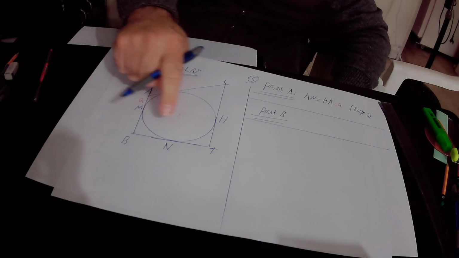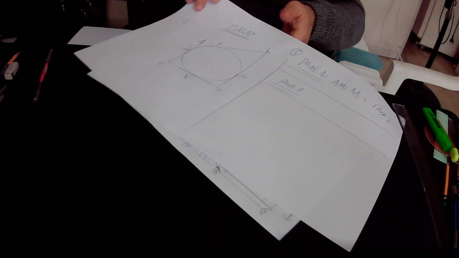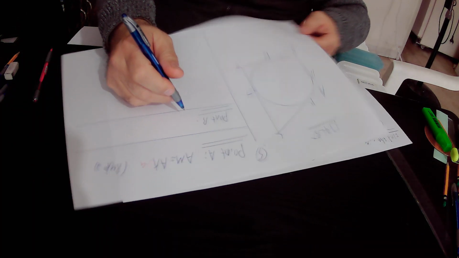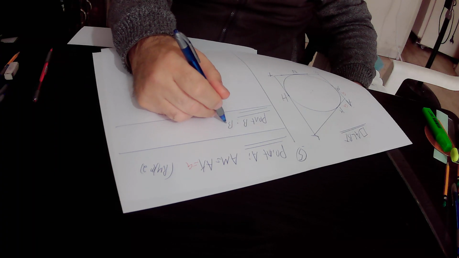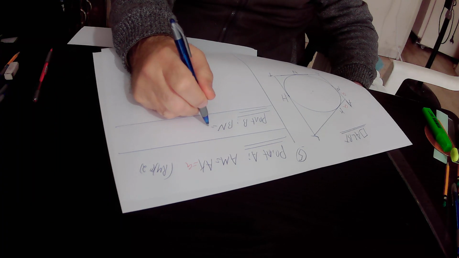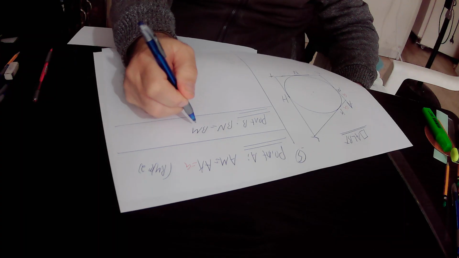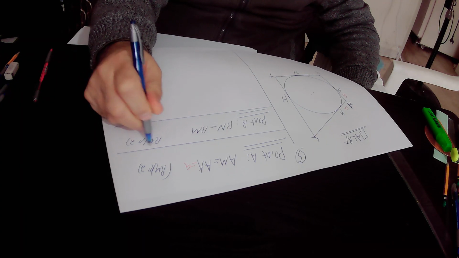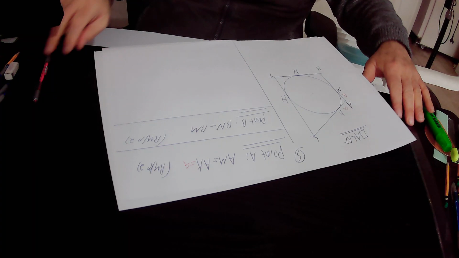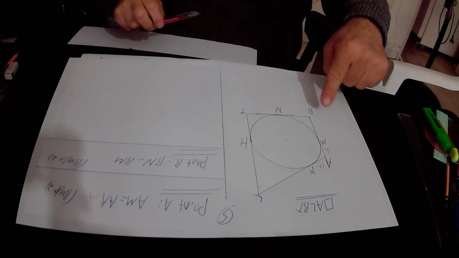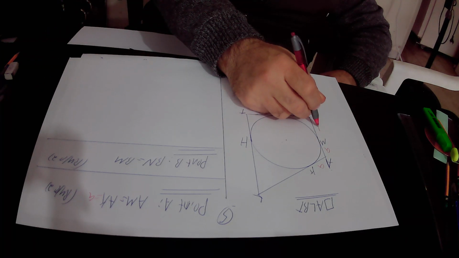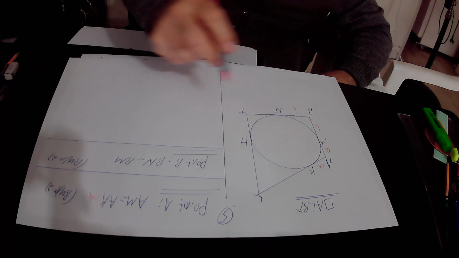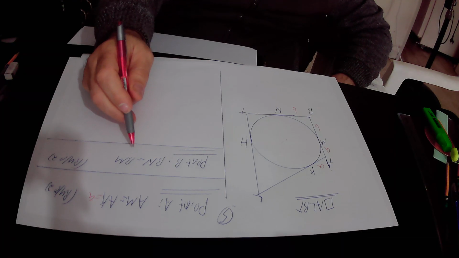That is to say, BN equals BM according to the same rule, rule 2. So if we define the length of tangent BM as B, then the length of tangent BN must also be equal to B because they are equal to each other. So in conclusion, we found out that BN equals BM equals B.